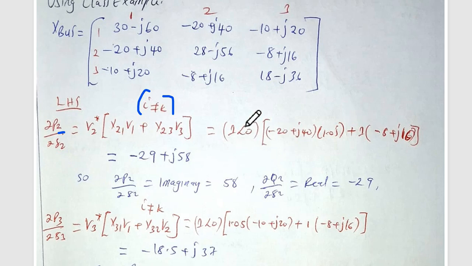Because it is 1 angle 0, if there is an angle you put it negated, conjugate. 1 angle 0 into Y21 is this, V1 is 1.05 plus V3 is 1, and Y23 is negative 8 plus j16. You'll get this negative 29 plus j58.